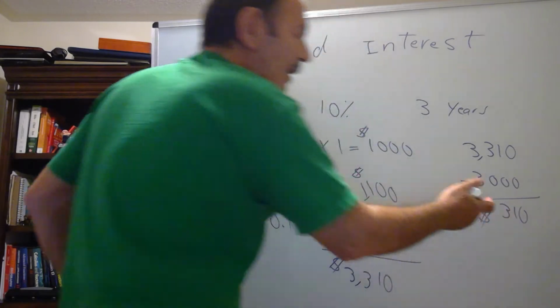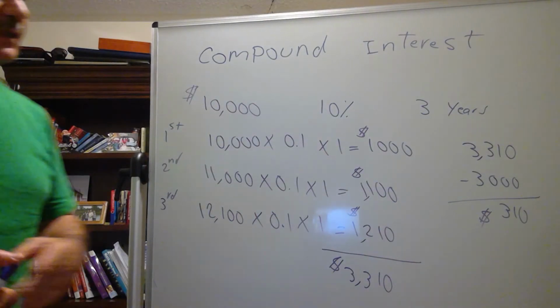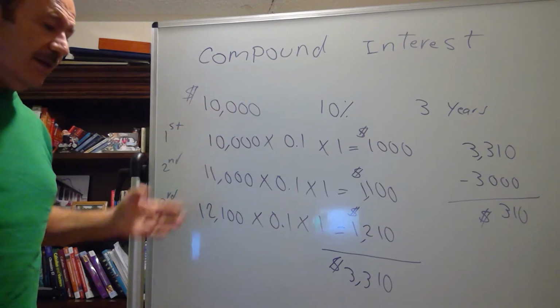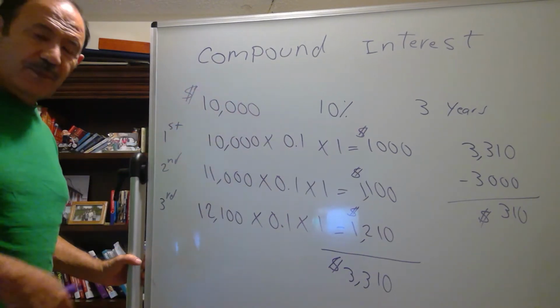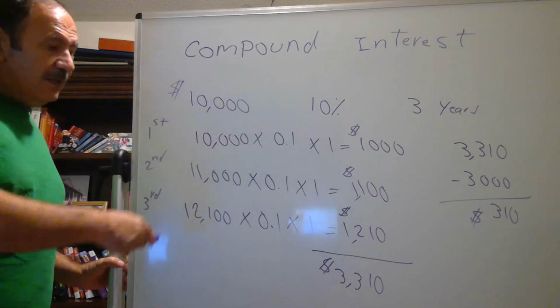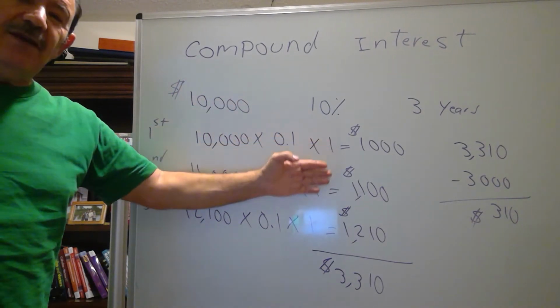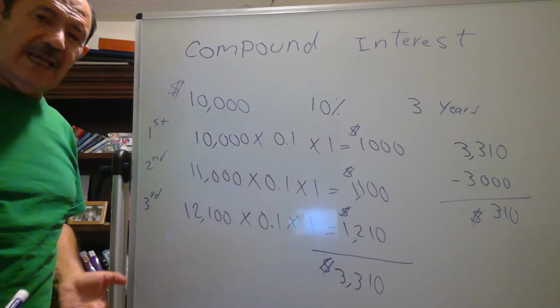Can you see? I am receiving $310 more when I'm investing in compound interest instead of simple interest. And this is the interest calculated at the end of each year, or annually.